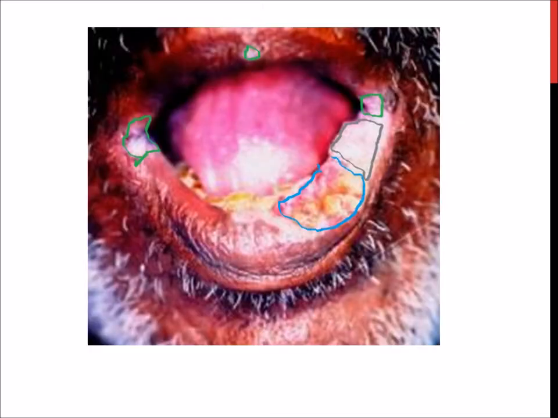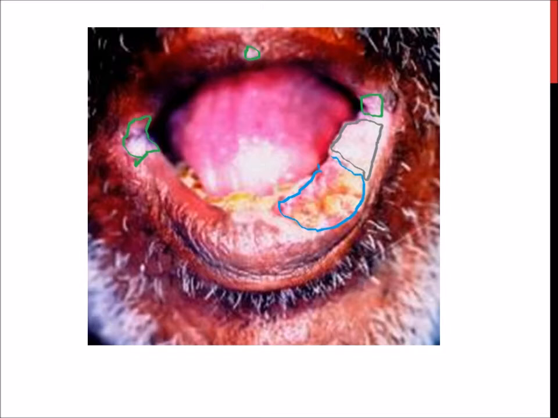Here now in this image, I have purposely highlighted with different colors to understand. The one highlighted with green color, at both angles of the mouth and the upper one, that is the cupid bow area, is a milky white smooth patch, which is your submucous fibrosis.